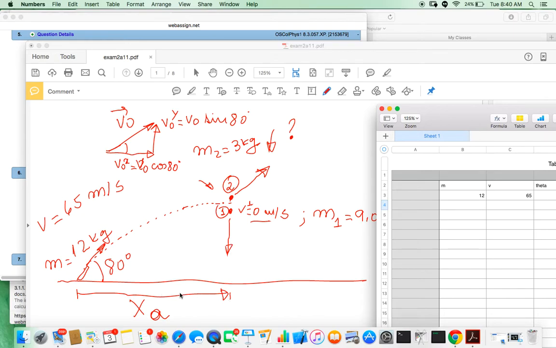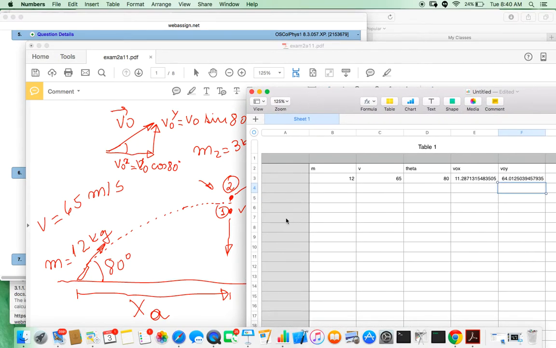So we want to find this distance here, and we can if we know the time. So let me find the time of the initial part. The initial part is the one that goes from here all the way there.